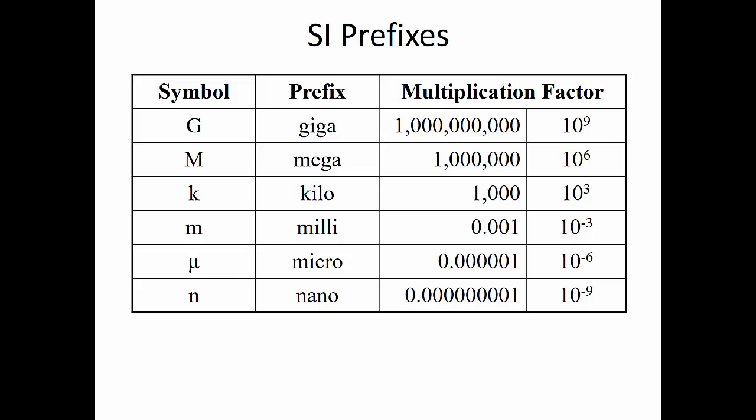A small m represents a milli, which is 0.001, or 10 to the minus 3rd. Mu represents a micro, which is 0.000001, or 10 to the minus 6, and a small n represents a nano, which is 10 to the minus 9th. These prefixes can be added to our units in the SI system to expand or contract the value of what's being measured.